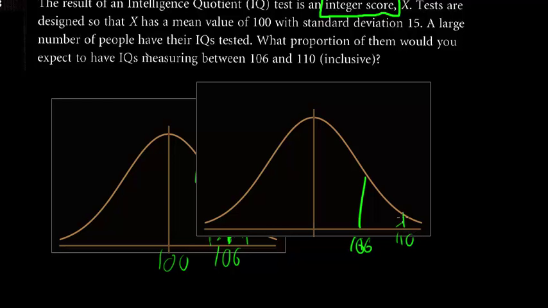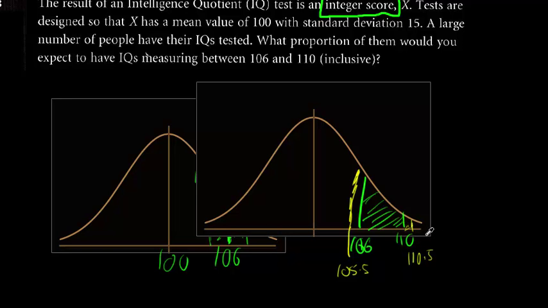However, this won't include everything that I need, because I'll miss off this section at the very edge, which comes from 105.5, which will round to 106, and I'll be missing off this section, which is 110.5, which will actually round to 110. Now, we're talking boundaries here, so I'm not worried that 110.5 rounds up to 111. This is our upper limit. So we're looking at bounds from GCSE.